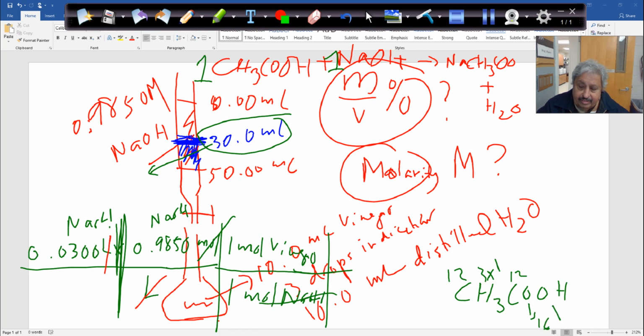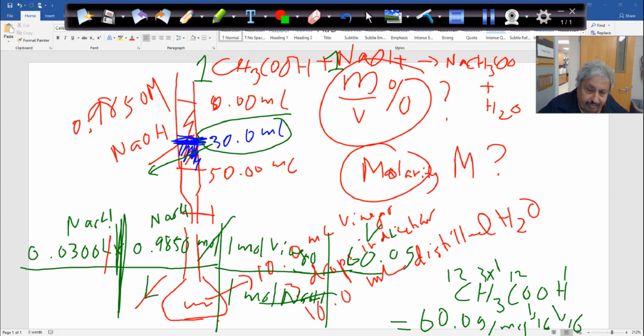This is 16. This is 1. If you add them up, it will be what? 60.0 gram per mole. Okay, so this is 60 gram vinegar per mole vinegar. So vinegar moles cancels out.